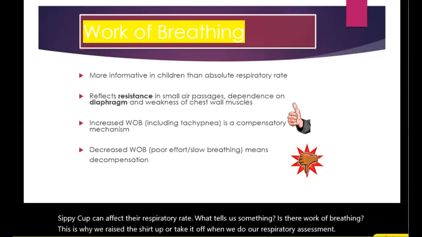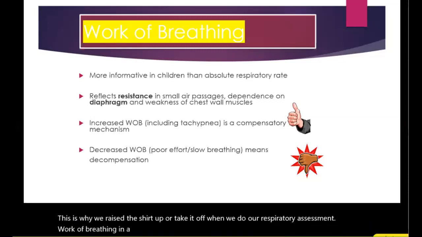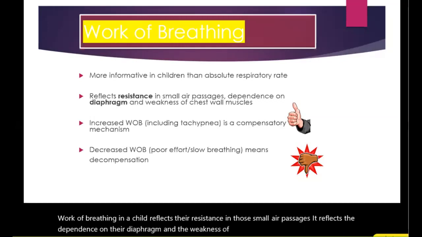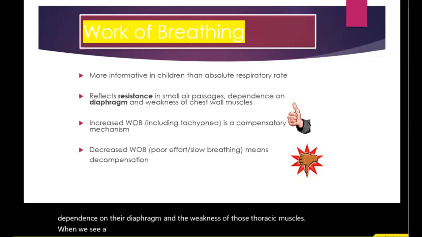Work of breathing in a child reflects the resistance in those small air passages. It reflects the dependence on their diaphragm and the weakness of those thoracic muscles. When we see a kid that's breathing fast and has increased work of breathing, they are making an effort to compensate for a problem.